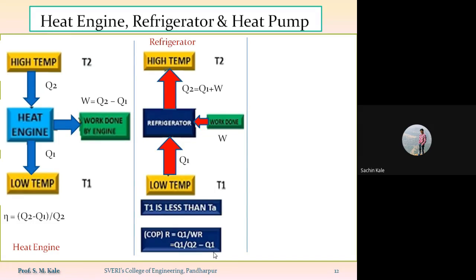Anyone else? Sir, yes, heat pump. Speak, speak. Your voice is not clear.